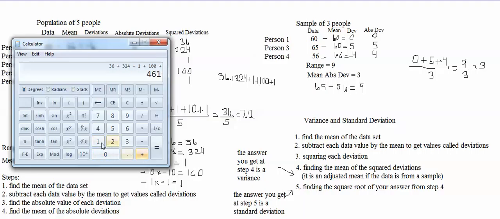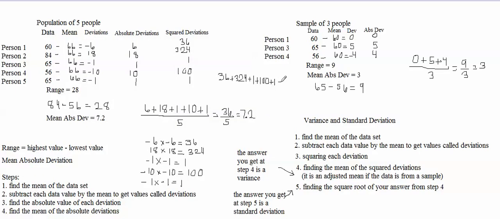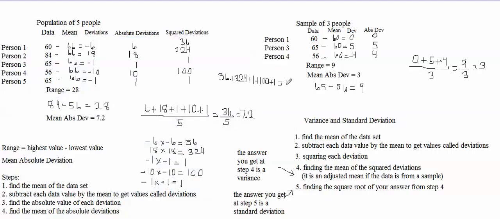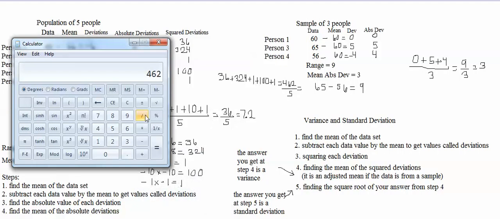So the total is 462. Now we divide 462 by 5, and we get our answer. We get 92.4.